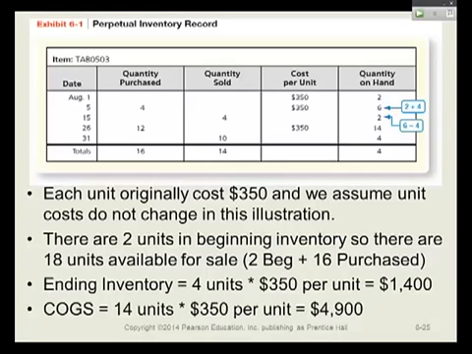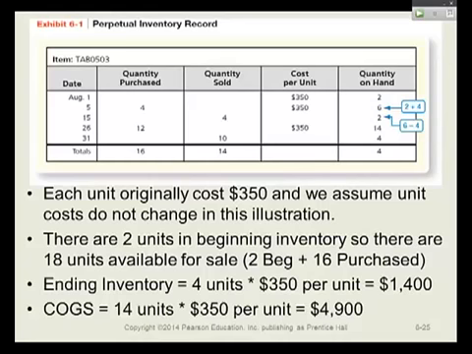The beginning inventory comes from the previous month, because the balance sheet inventory account is what? Cumulative. So in this example, as I said, the textbook may not make this clear, but you did start with 2 units at $3.50. You bought 16 at $3.50. You had 18 available at $3.50. So if you sold 14, it's got to be at what cost? $3.50.